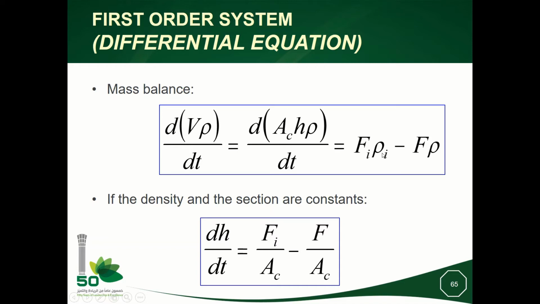Rho is on both sides, so the rho will be simplified in both sides of this equation. And I will divide by Ac. I will get dh/dt equal to Fi over Ac minus F over Ac.